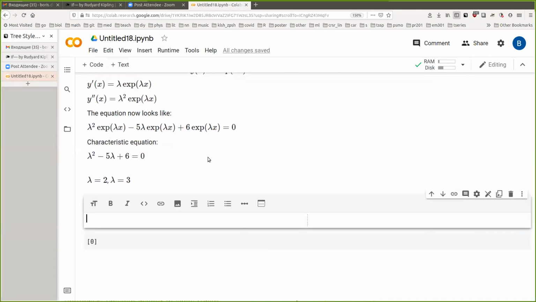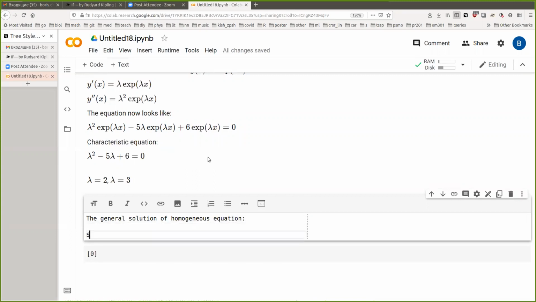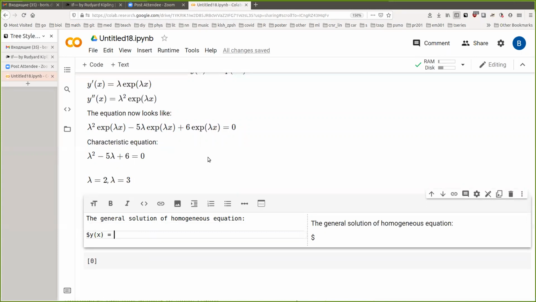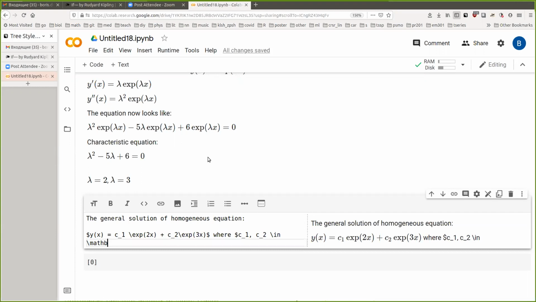We have the general solution of the homogeneous equation: y of x is c1 times exponent of 2x plus c2 exponent of 3x, where c1 and c2 belong to the set of real numbers.